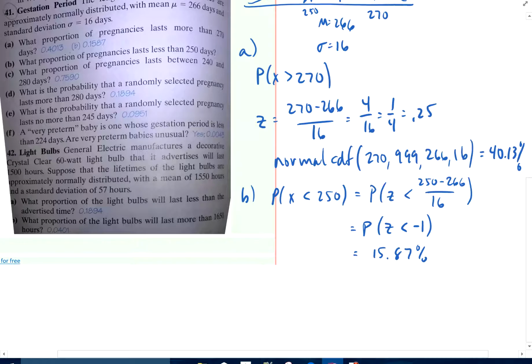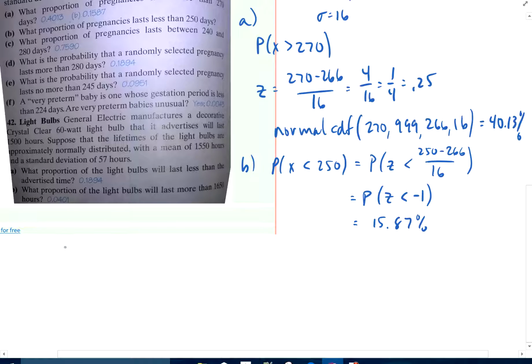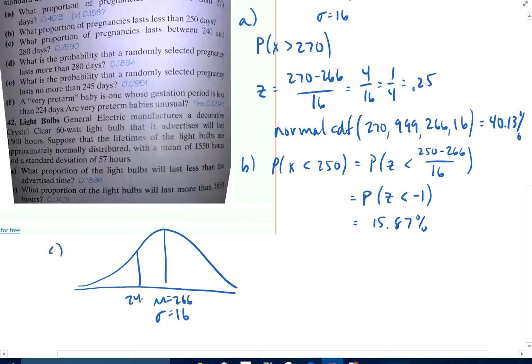Okay, C. 240 and 280. Draw your normal curve. Mu is 266, sigma is 16, so between 240 and 280. So probability that 240 less than x less than 280.